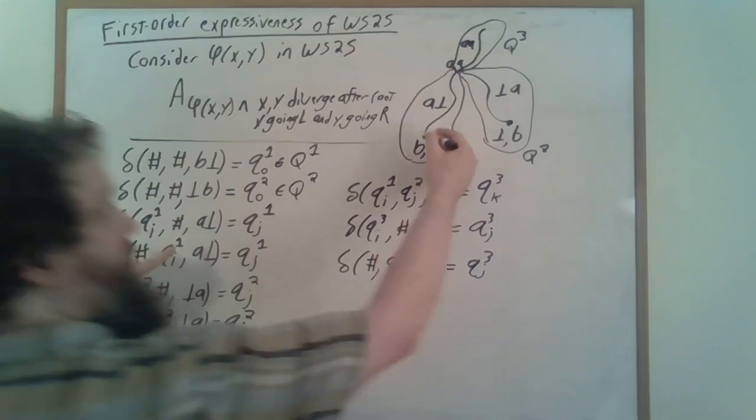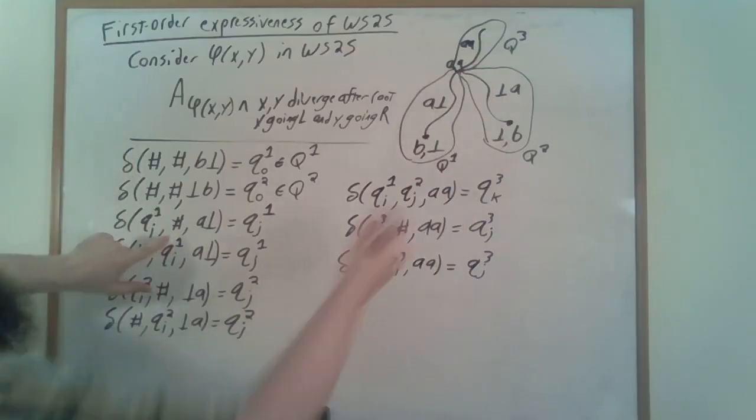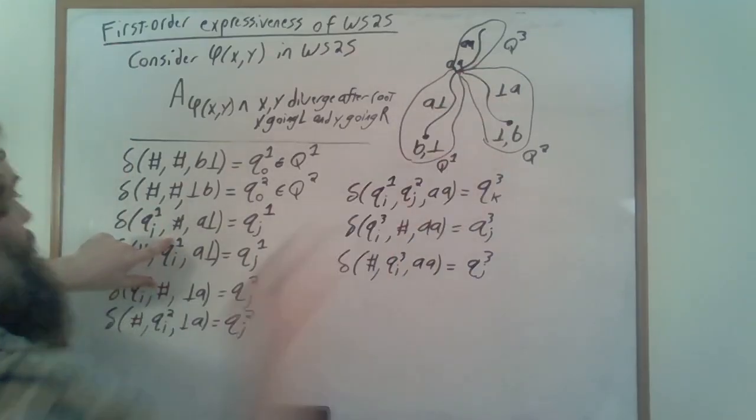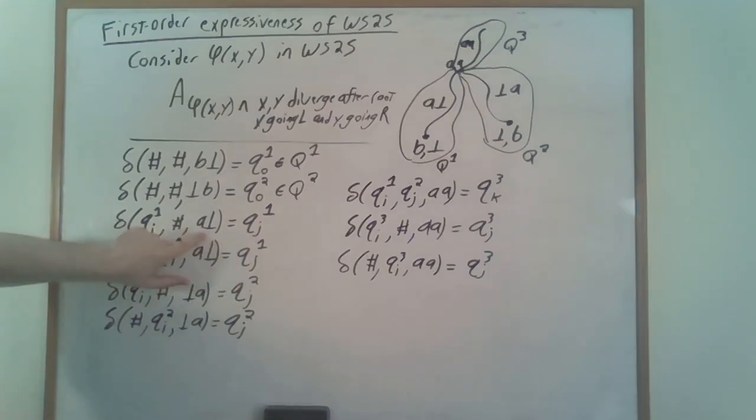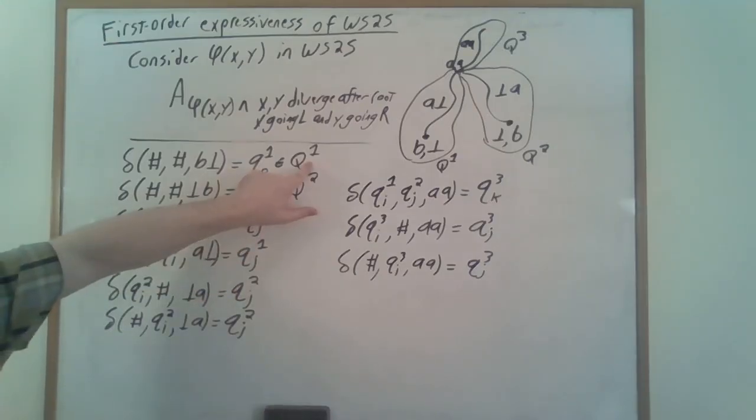And of course, because this is a path, there isn't going to be a child in the other direction. There's no branching. And then the transition function will tell us for various Qi's in Q1 what state to assign to this node here. It's going to be some Qj, and that's also going to be a state in Q1.